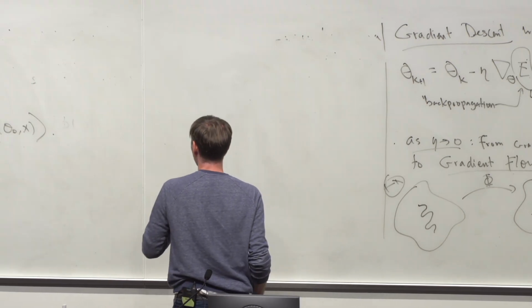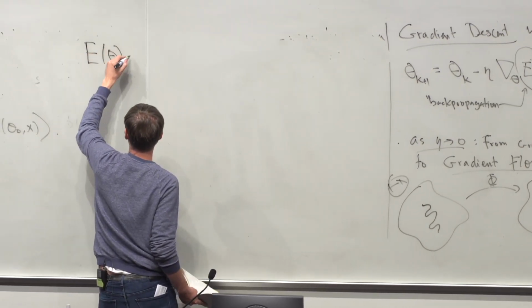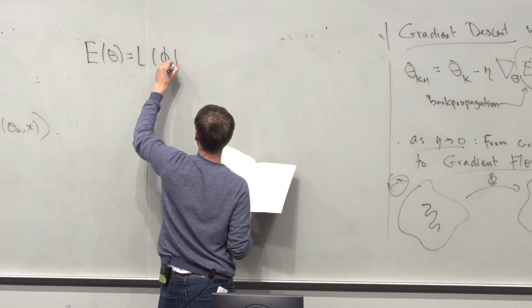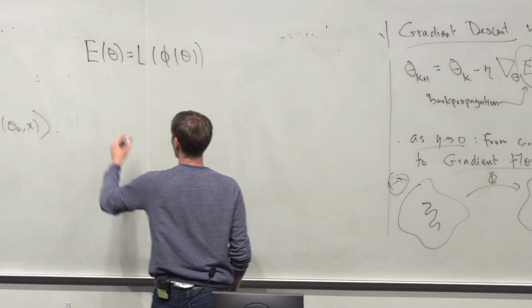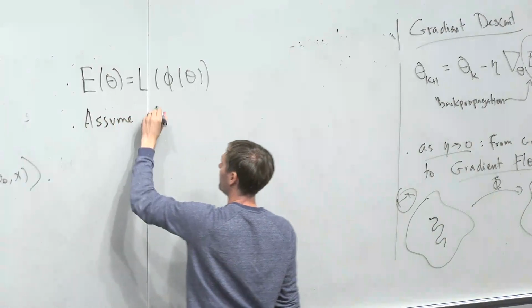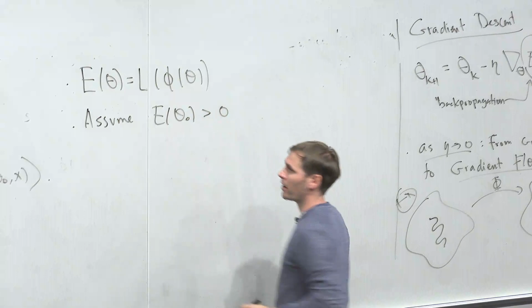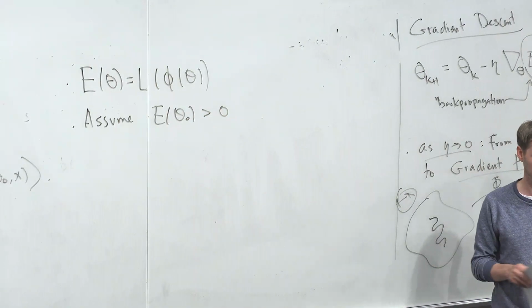Okay, so let's again define, sorry if I change the notation, but I think it's the same notation, phi of theta. And let's assume that the error that we make at time 0 is that we are not at the global solution. Let's assume that at time 0 we are not at the global minimum.